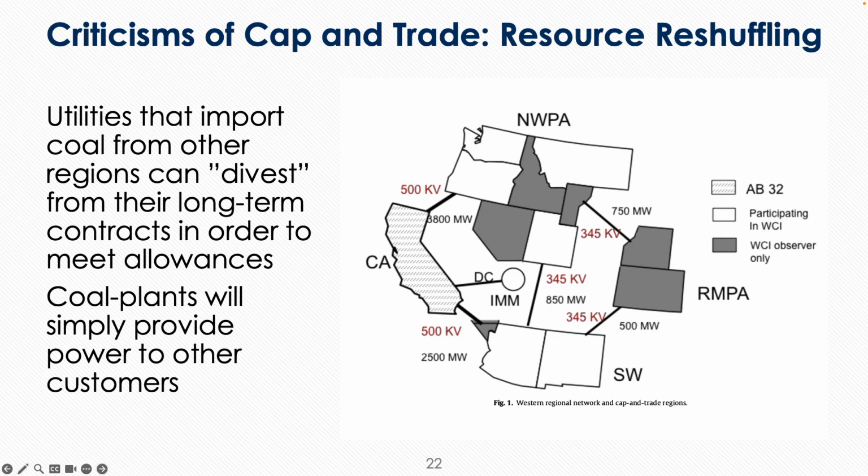So there's a particularly egregious example of this cap and trade leakage issue in the electricity sector, known as resource reshuffling. The idea is basically that a utility that imports coal from other regions can divest from long-term contracts in order to meet allowances.